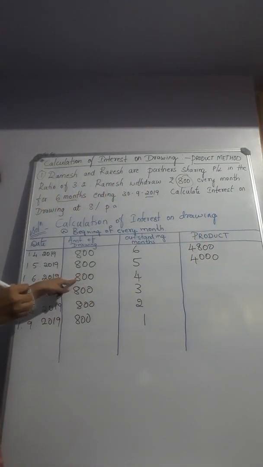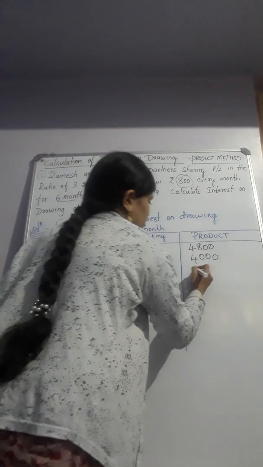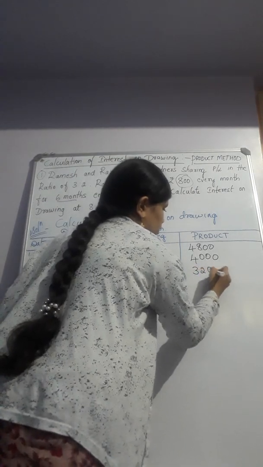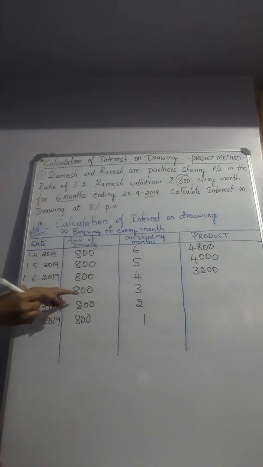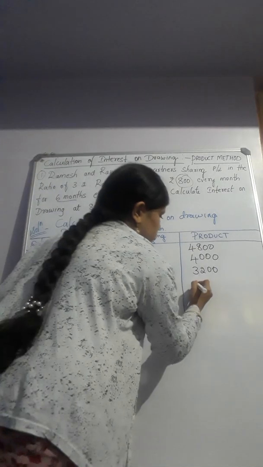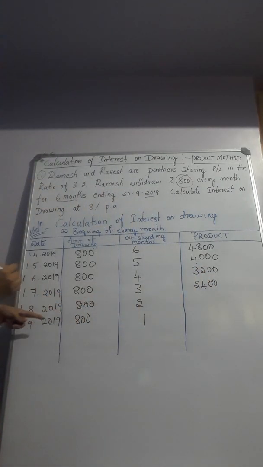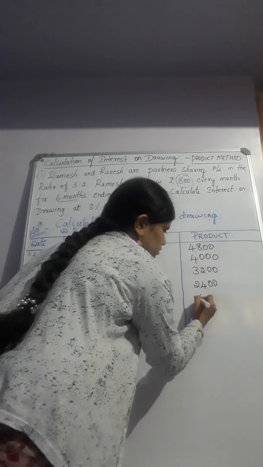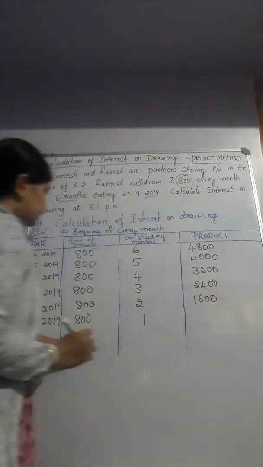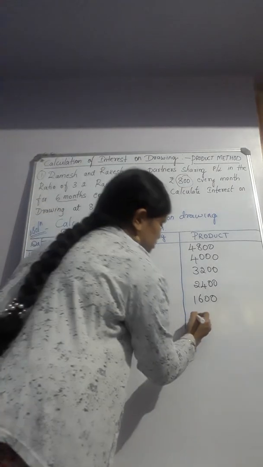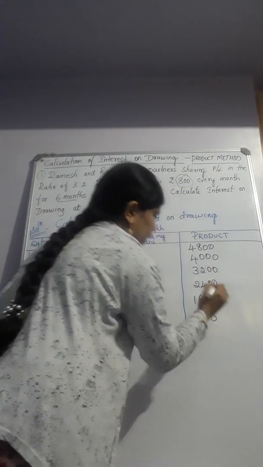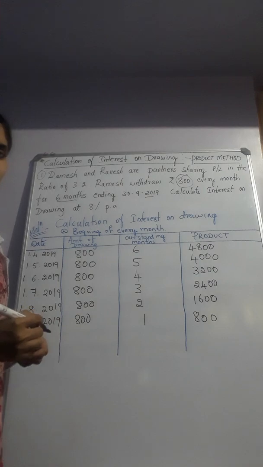Next 800 into 4, 3200. Next 800 into 3, 2400. Next 800 into 2, 1600. 800 into 1, that is 800. We got the products now.